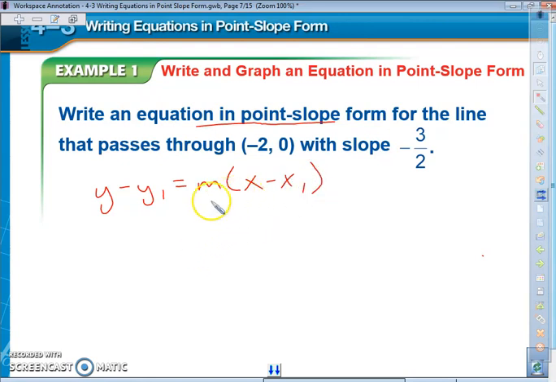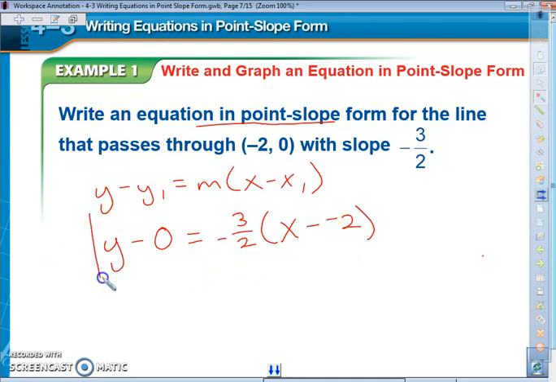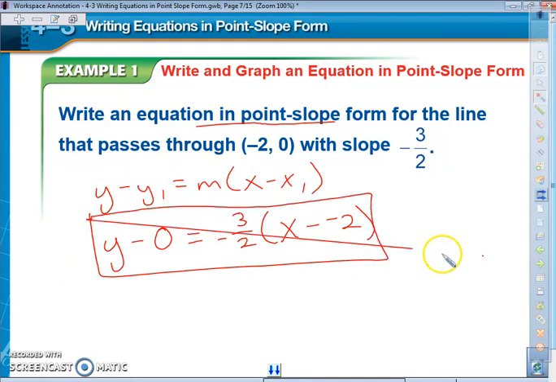All right, so right here I've got y minus, what's y1? 0 equals negative 3 over 2 times x minus negative 2. And guys, that's it. That's all you have to do right there. It doesn't say solve it, but that's the equation in point-slope form right there with a big line drawn right through the middle of it.